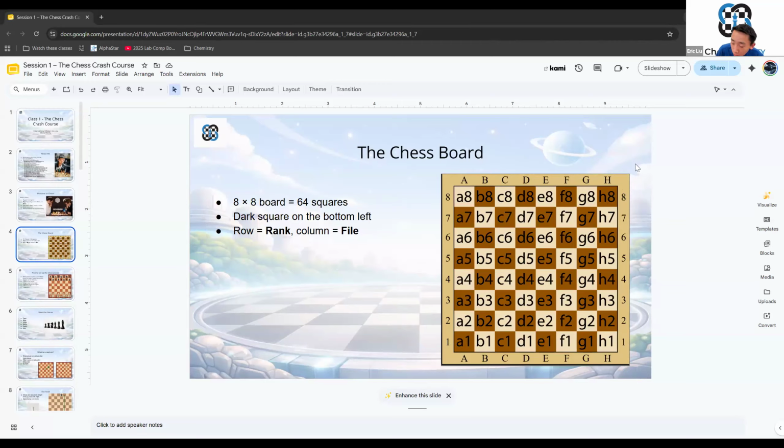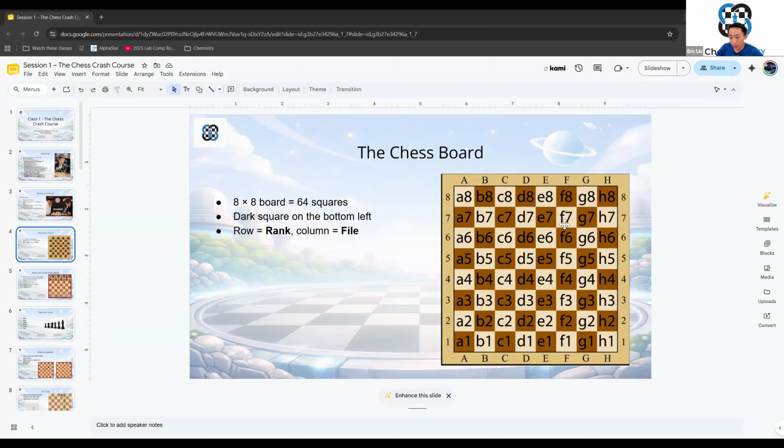The top right square is called H8. So as you can see, each of the rows we number 1, 2, 3, 4, 5, all the way to 8. Each of the columns, we label them A, B, C, D, all the way to H. So that way, every single square gets a unique name.